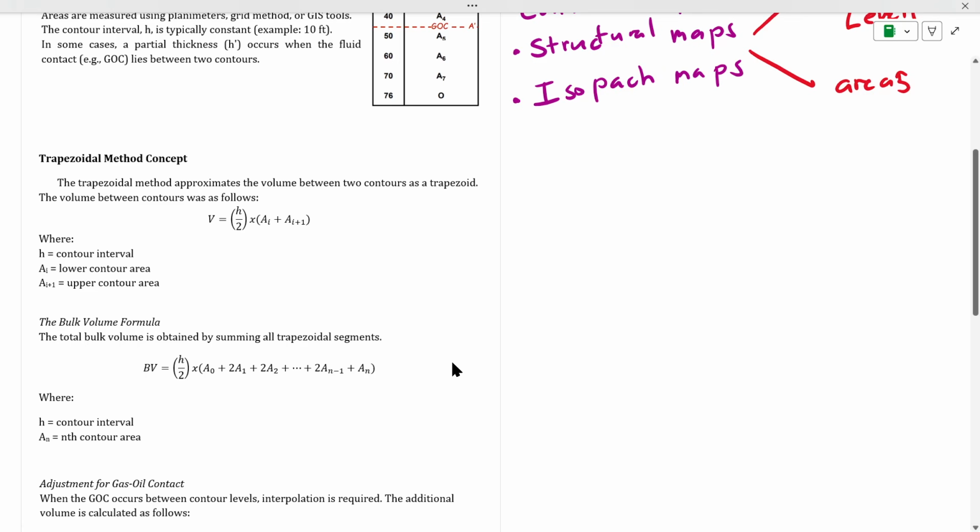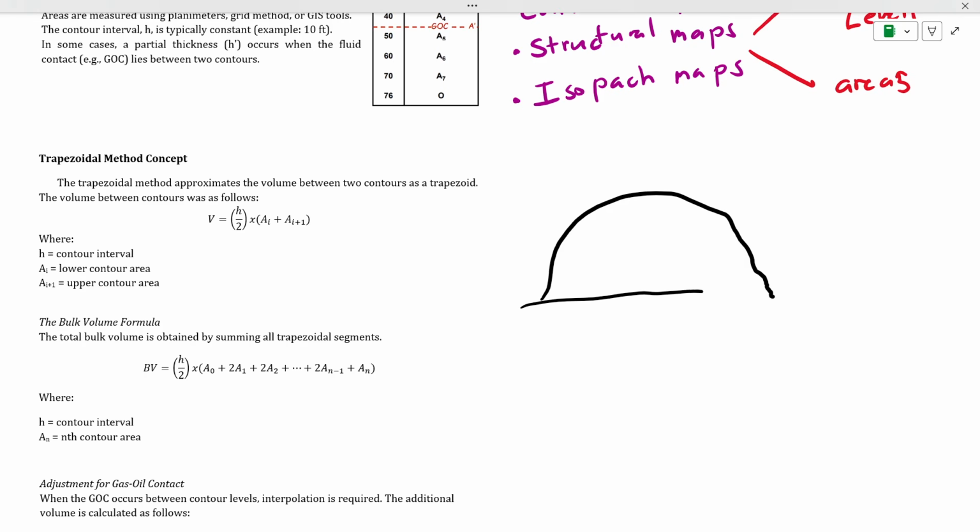It is called the trapezoidal method because the volume between the two contour levels is approximated as a trapezoidal shaped section. So imagine that we have an anticline reservoir, sorry for my drawing, and here we have different contour levels.